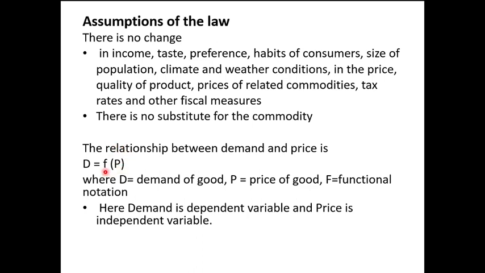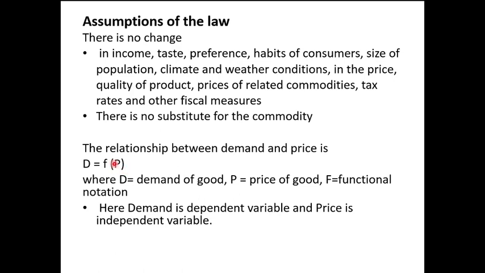Then what does f mean? It's a functional notation, that's all. So you have to say demand is a function of P, in the sense of price. As I told you earlier, you can see there are two parts, one on the left side and one on the right side.